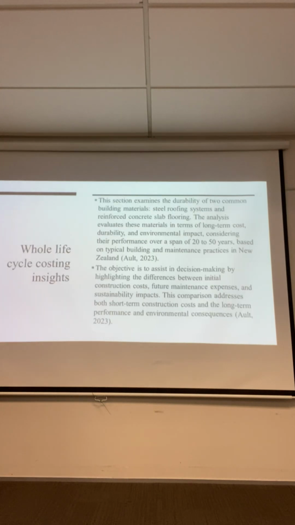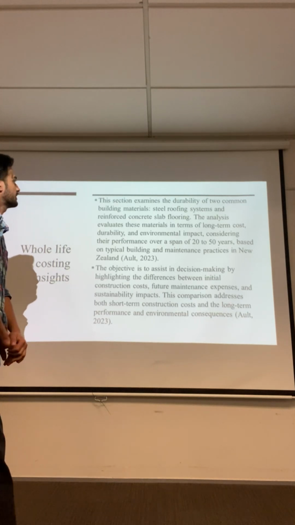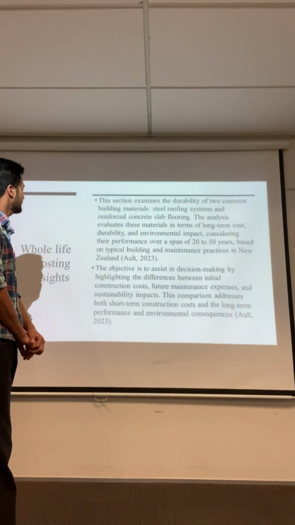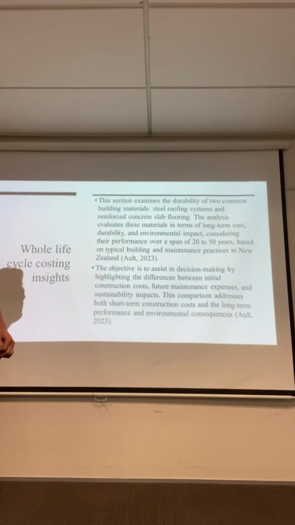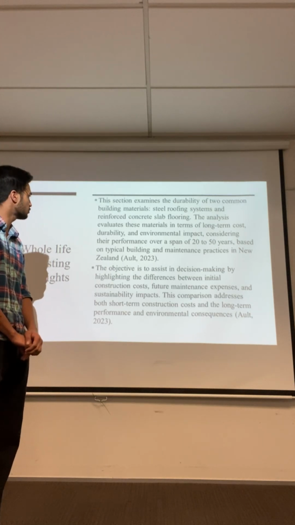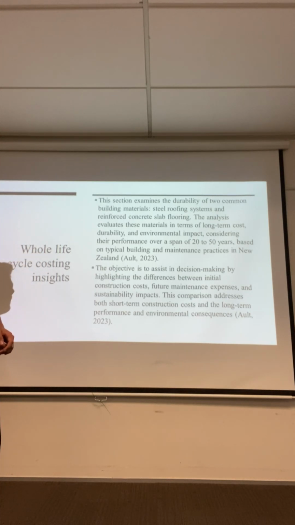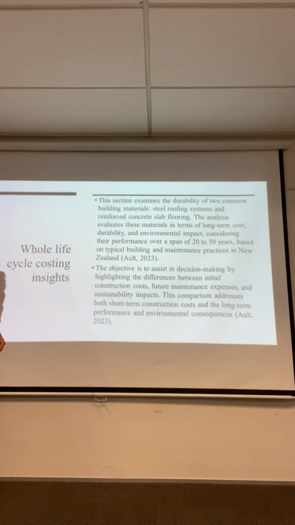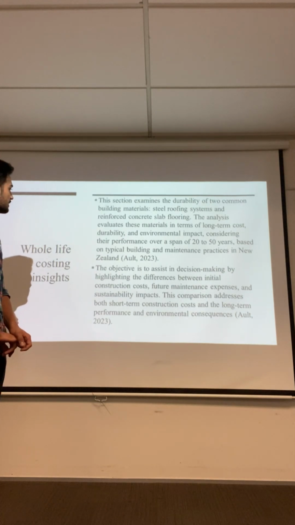Whole life cycle costing insights. This section examines the durability of two common building materials, steel roofing systems and reinforced concrete slab flooring. The analysis evaluates these materials in terms of long-term cost, durability and environmental impact, considering their performance over a span of 20 to 50 years based on typical building and maintenance practices in New Zealand.